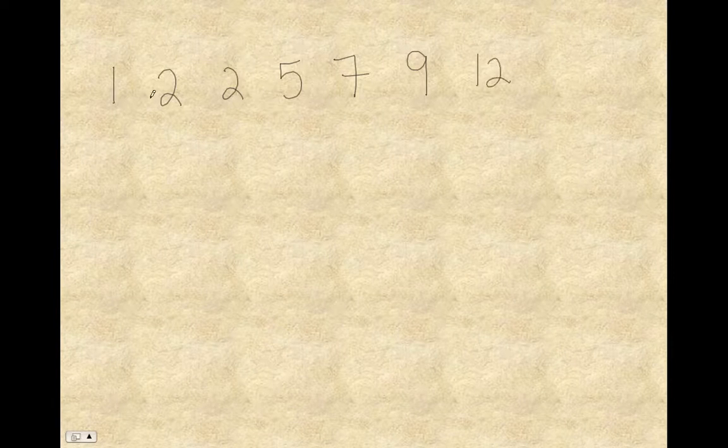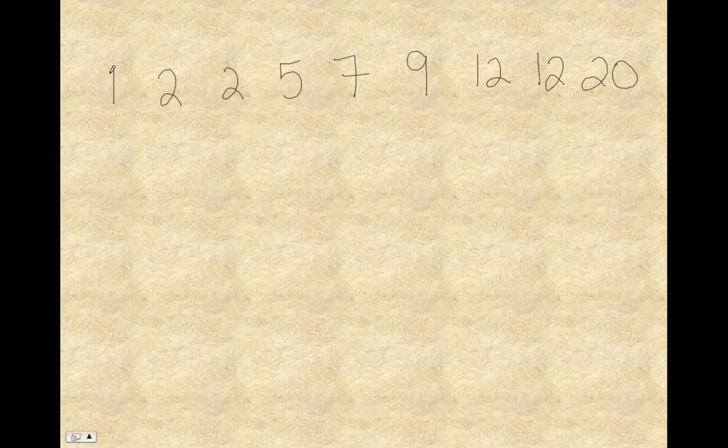I want to show you just how to calculate the 5-number summary by hand real quick. All right, so let's say I have a set of numbers: 1, 2, 2, 5, 7, 9, 12, another 12, and then a 20.